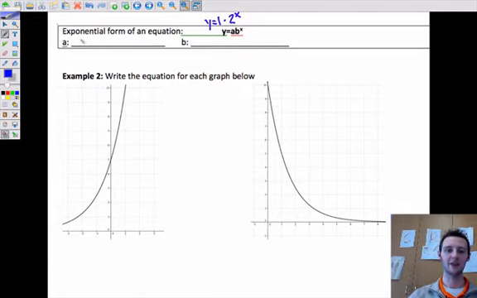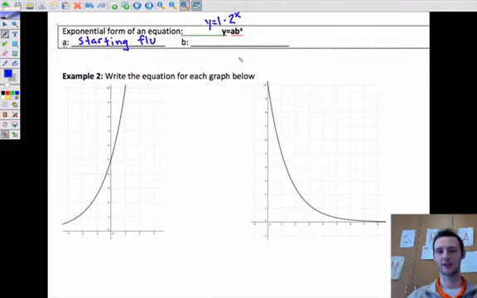So our a value is our starting value. How many people start with the flu, or how much money do you initially invest in your bank account before it starts growing? Stuff like that. The b then was our multiplier. In other words, what happens for each cycle or each day or each year, something like that.